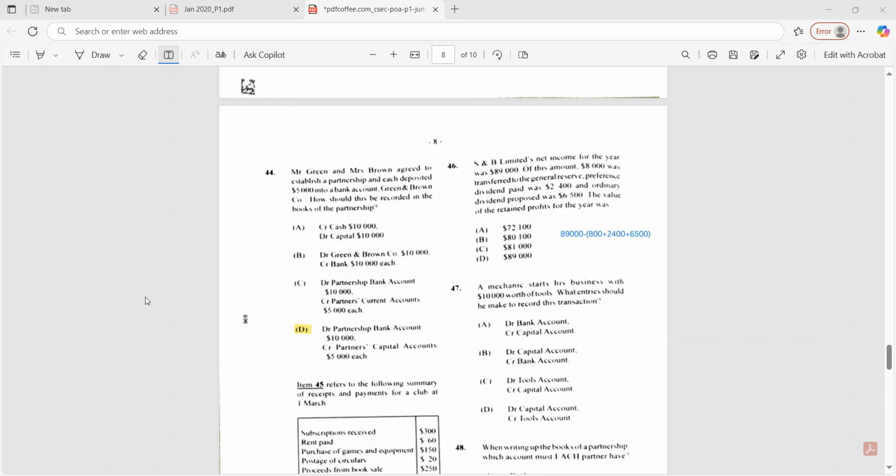So we have 89,000 minus open bracket 800 plus 24 plus 65 close bracket, and that's 79,300.